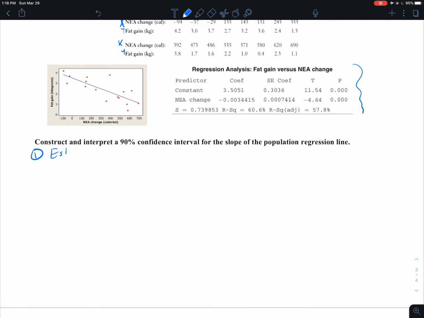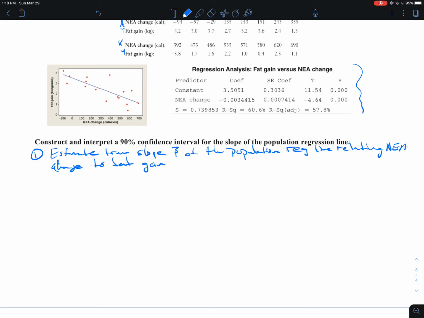So estimate the true slope, beta, of the population regression line relating NEA change, just go with it on my handwriting, to fat gain at 90% confidence.